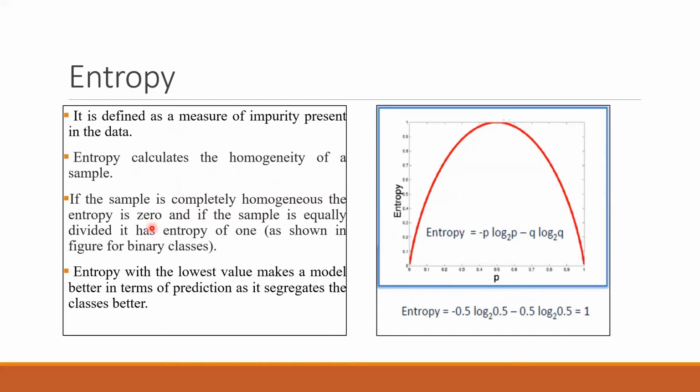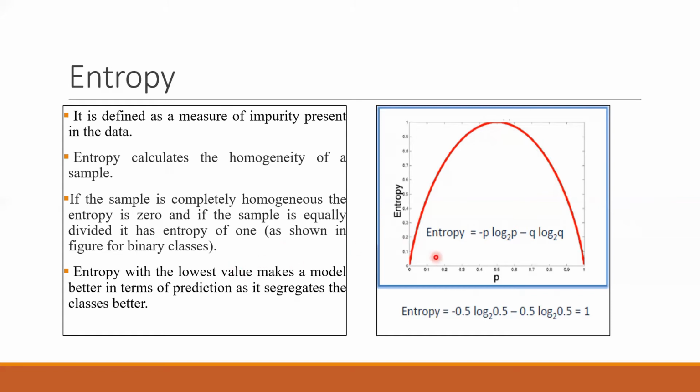If all the samples have the same class in the group, the entropy will be zero. And if the sample is equally divided, it has entropy as one. Let's say there is a group of four elements in which two are of the positive class and two are of the negative class, then your entropy will be one, because you are dividing the data 50-50, right?